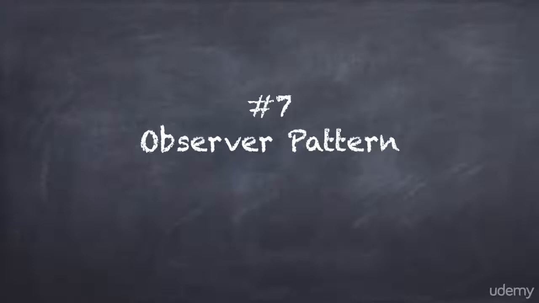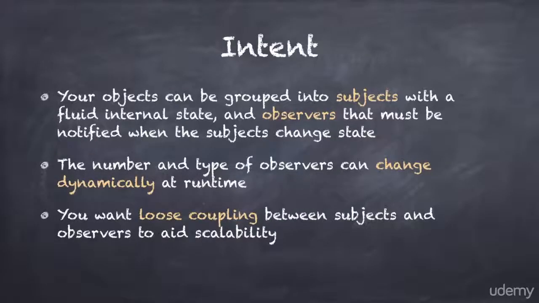I will start with a quick summary of what we are trying to accomplish with this pattern. The observer pattern is a good choice when you are trying to accomplish the following. Your objects can be grouped in subjects with a fluid internal state and observers that must be notified when subjects change state.